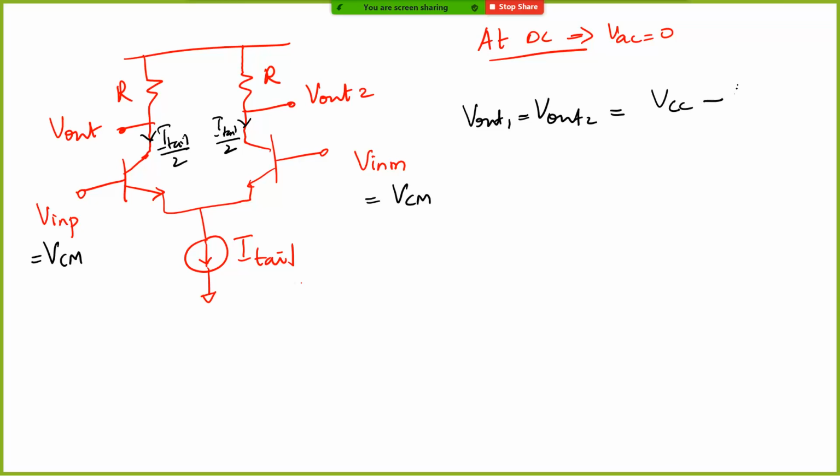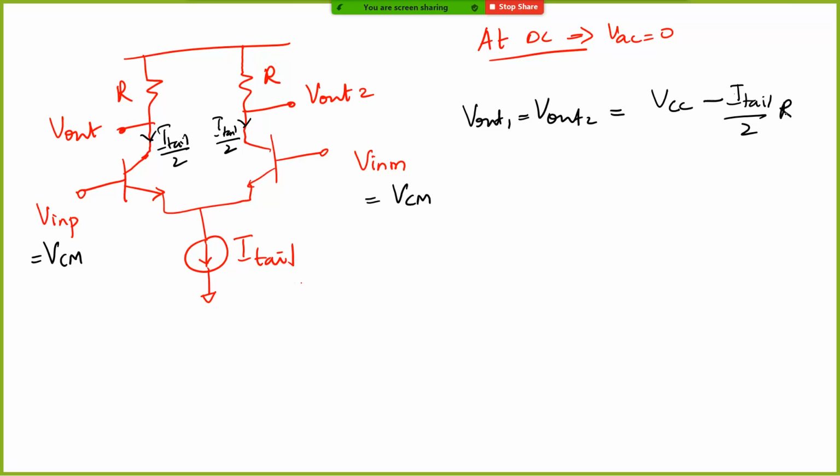VCC minus I tail by 2 into R. This is your output DC point. So when you don't have any differential or AC signals, all you have is equal amounts of current flowing through both arms of the differential pair.